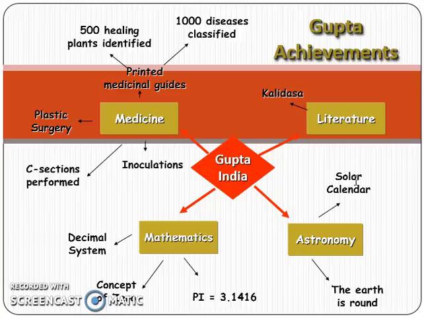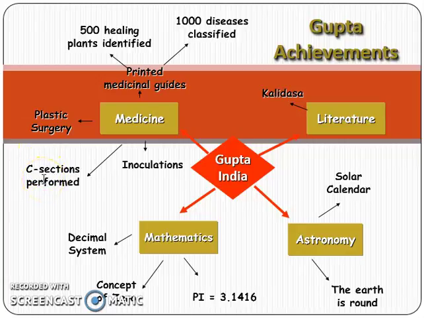Solar calendar, they're going to come up with inoculations, meaning shots that you get to fight against diseases. They're going to have printed medical guides about all kinds of healing plants and diseases that are classified and how to treat them. Plastic surgery will be done in the Gupta Empire in India.